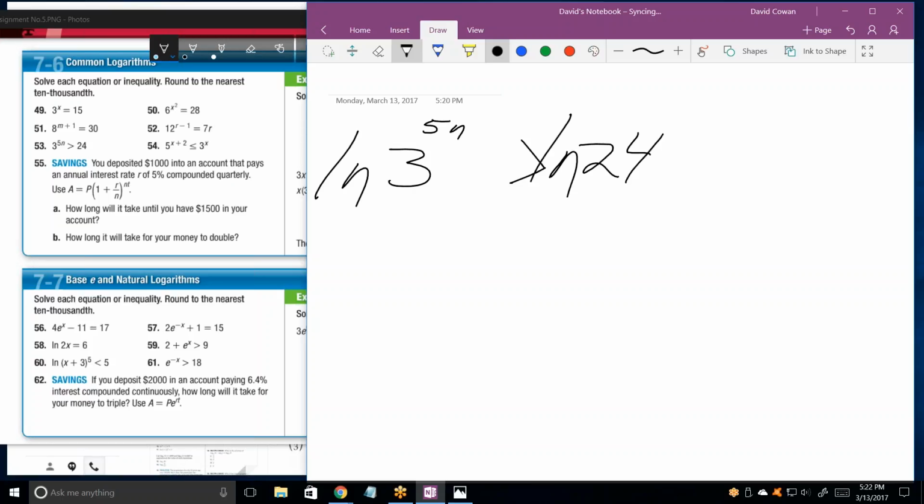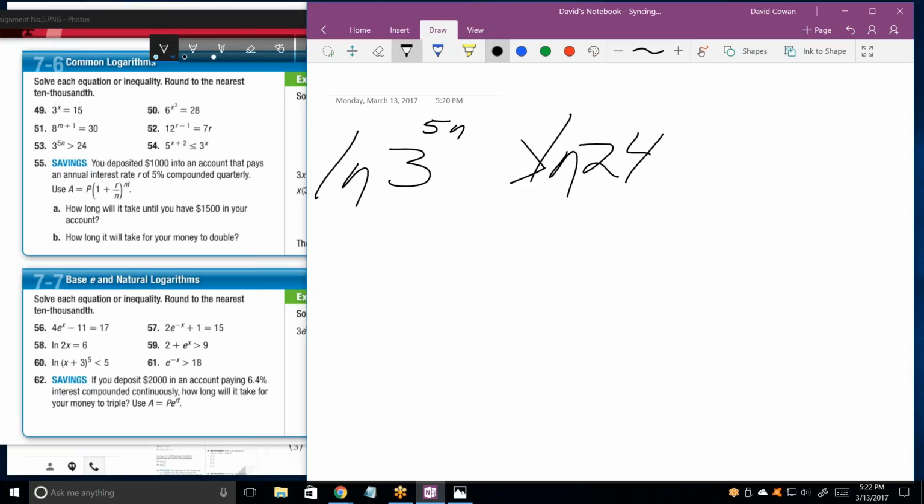Now, you've got to be a little careful when you're dealing with inequalities. You don't quite have the leeway that you have when you're dealing with equations. When I'm dealing with equations, I can do anything I want to the left side as long as I do it to the right side. Well, when you're dealing with inequalities, I can't quite do that.